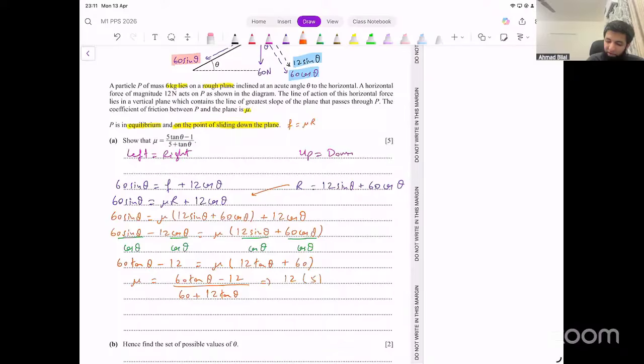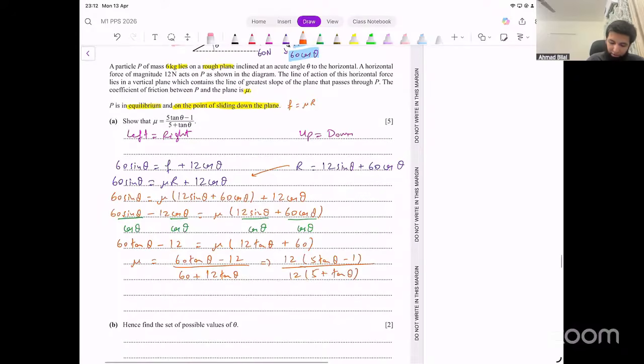So we're left with 5 tan theta minus 1 in the numerator. In the denominator, we have 12 into 5 plus tan theta. Finally mu turns out to be 5 tan theta minus 1 divided by 5 plus tan theta. That is what we had to show. Mu is equal to this. Is that okay?